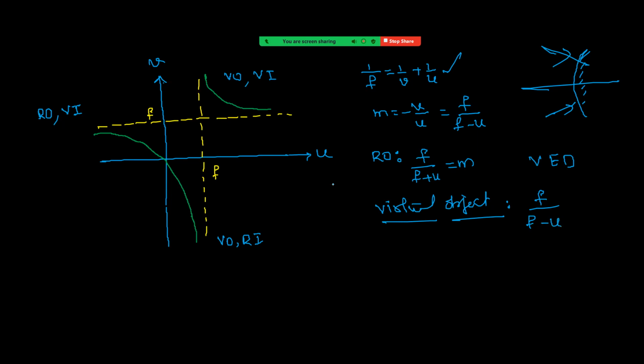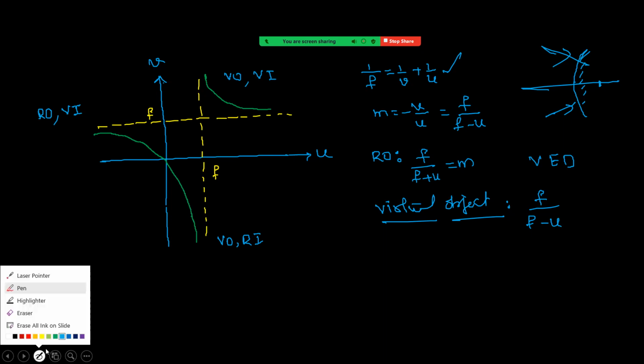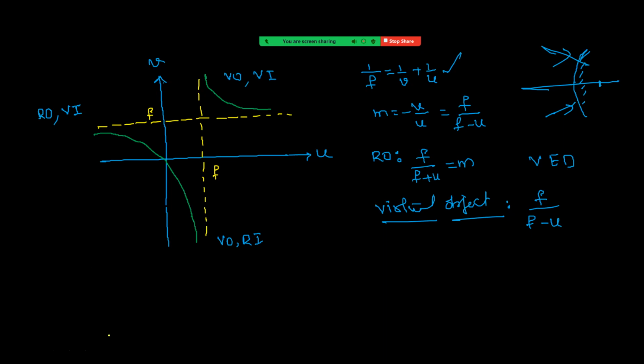Now see carefully. When a converging beam falls on the mirror, those rays may converge in between pole and focus. I will draw once again here. This is now a convex mirror.